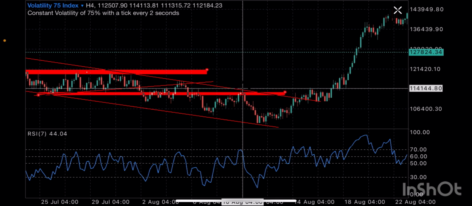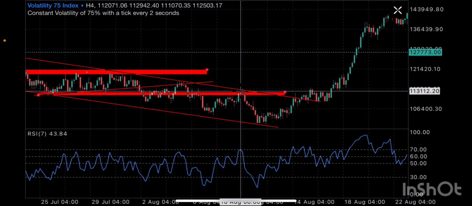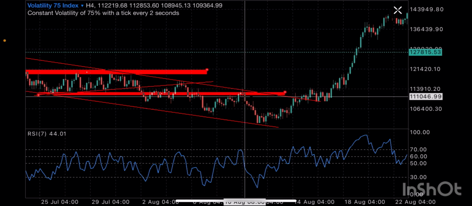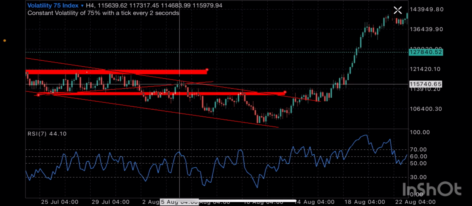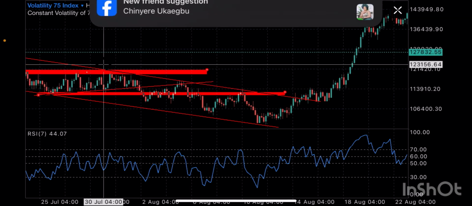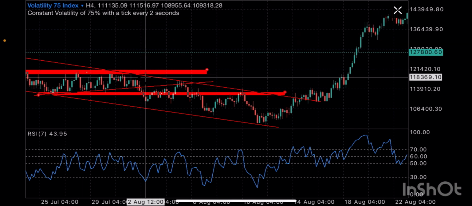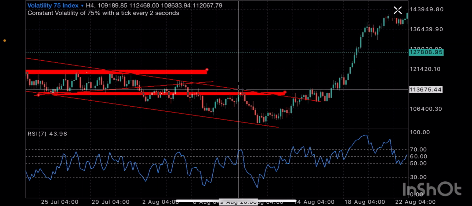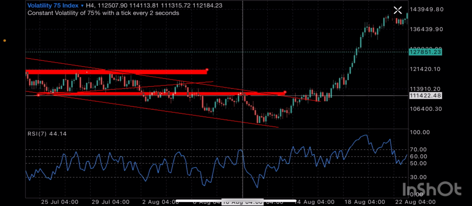So this particular place became a confluence of two resistances, the angular one and the horizontal one. In this particular point, it was two angular resistances. In this particular point, it was the horizontal one and the angular one. So you can see how price was able to do all that in these particular places.